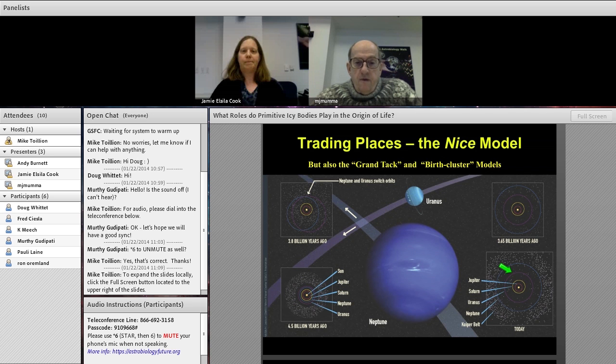After formation of the planetary system, let's call that around 100 million years after formation of the sun, a separate dynamical model called the Nice model actually predicts the dynamical evolution of the outer planet region.